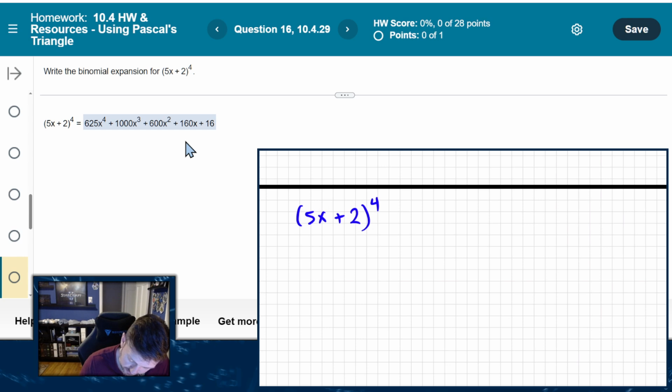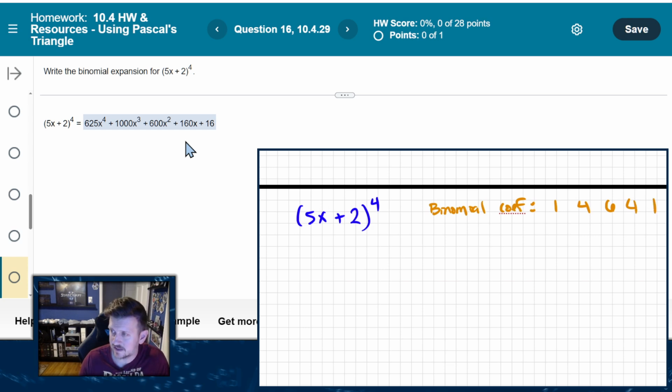So our binomial coefficients are going to be 1, 4, 6, 4, 1. Now that I know that, I'm done with the Pascal's triangle. That's all the Pascal's triangle does. I'm going to label my 5x as green and my 2 as purple.